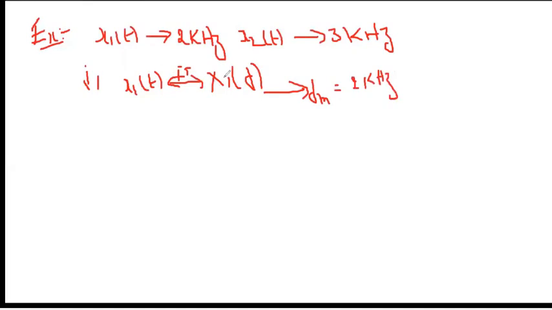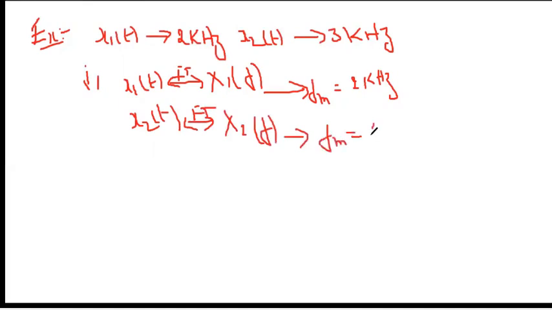And for the second one, x2 of t, with Fourier transform x2 of f, the maximum frequency fm is equal to 3 kilohertz.